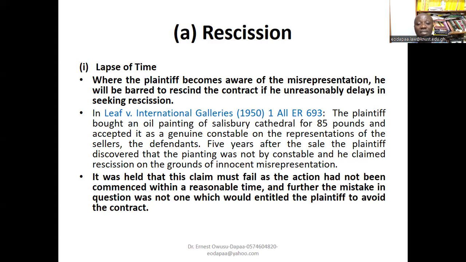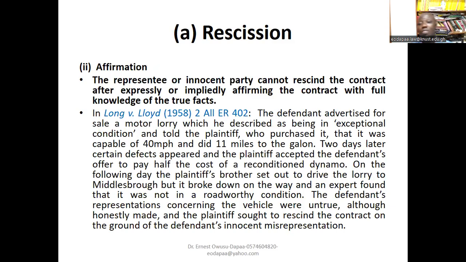So over there, you notice that the misrepresentation was discovered 5 years after the contract, and the victim did not act timeously, and the court was of the view that because of the delay, rescission was not available.